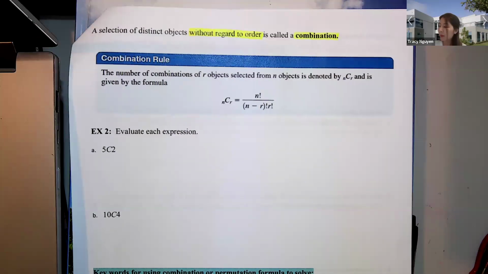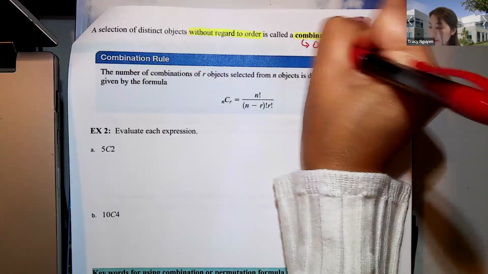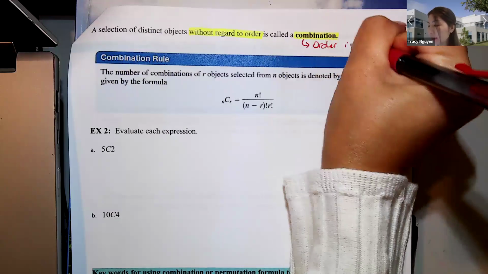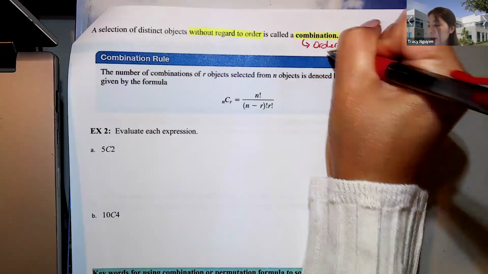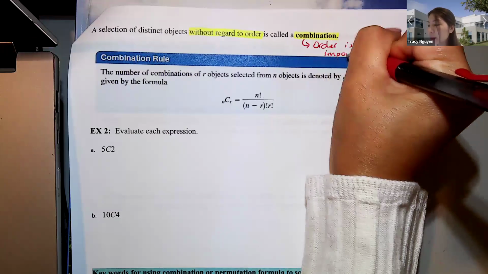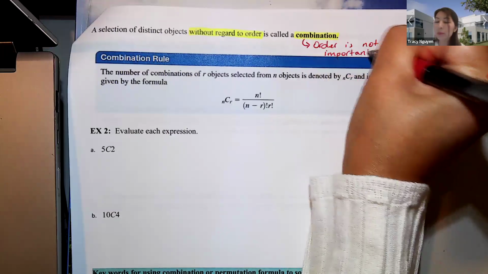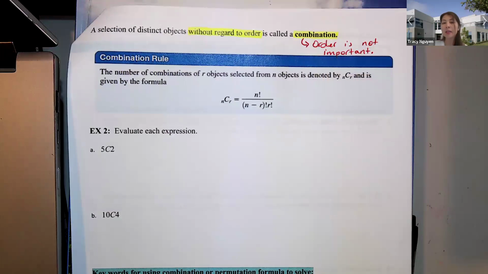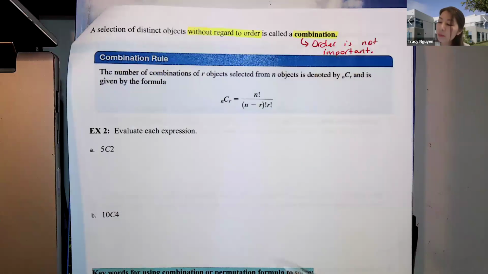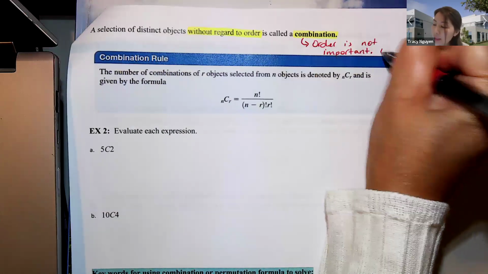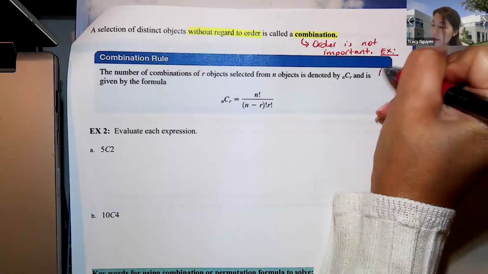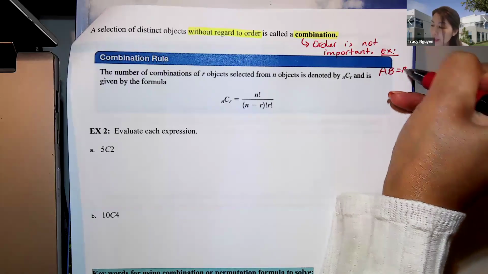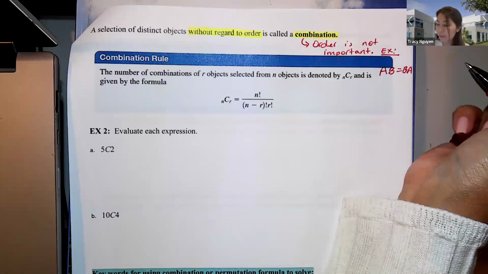So when you think of combination, you think order is not important, and we'll go over in a minute how to recognize whether order is important or not. Order is not important, meaning that AB is the same as BA because the order doesn't matter here.